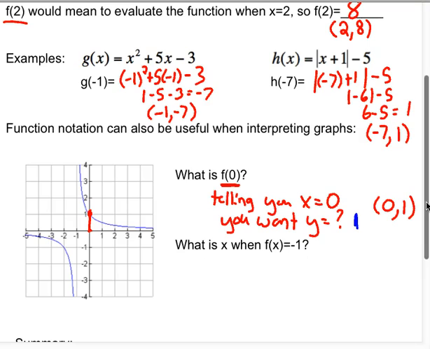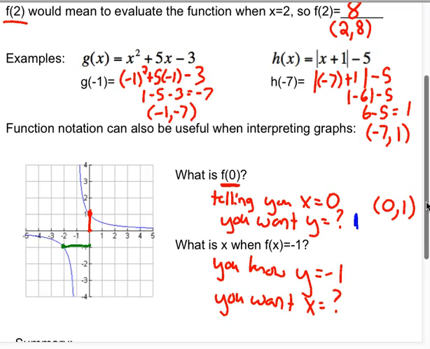Okay, now what about the other way? What is the x value when f of x is -1? So now this is the reverse, right? So this time, again, f of x is just fancy y. So here, you know y is -1, and it's asking you for x. You want the x value when y is -1. Okay, so let's take a look at that. So y of -1 is here.